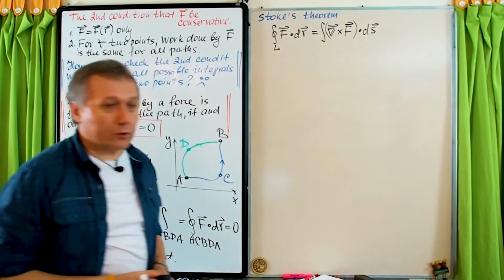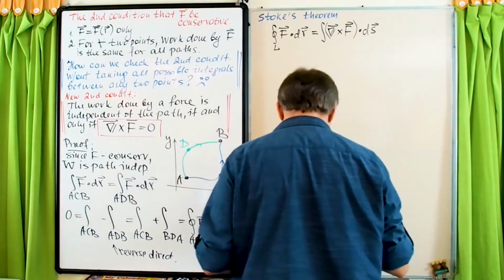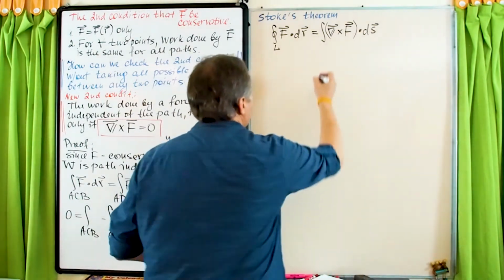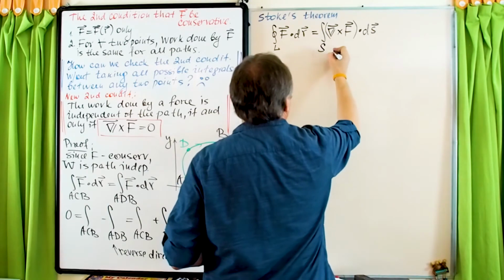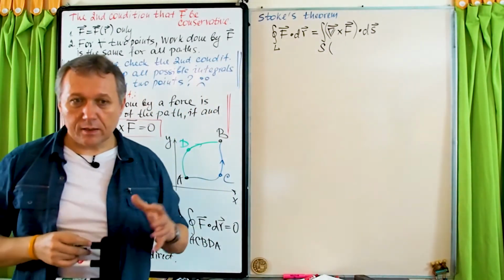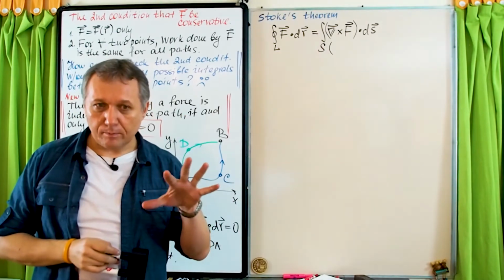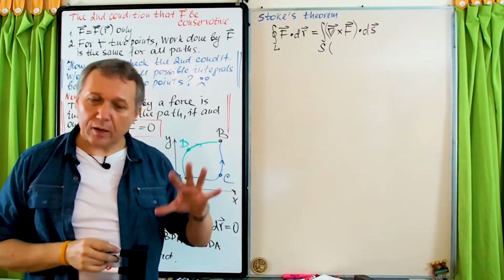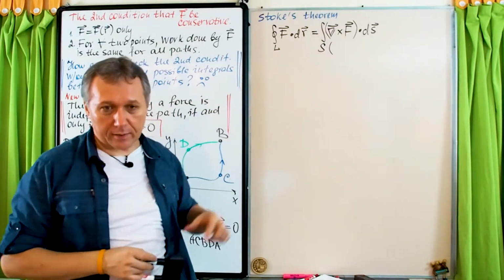So that's Stokes' theorem, and of course this is the surface, any surface bounded by the loop L.